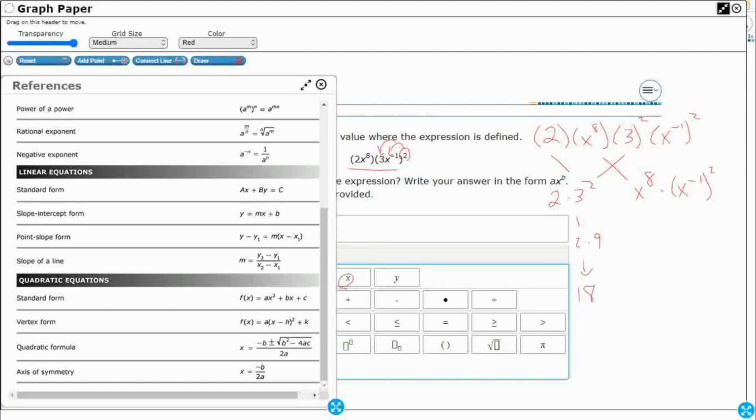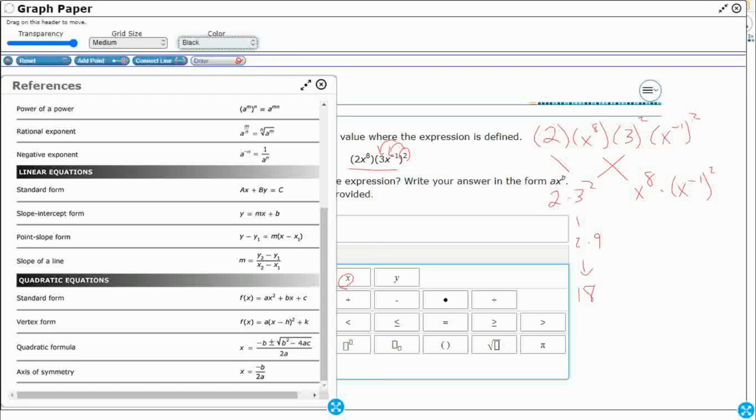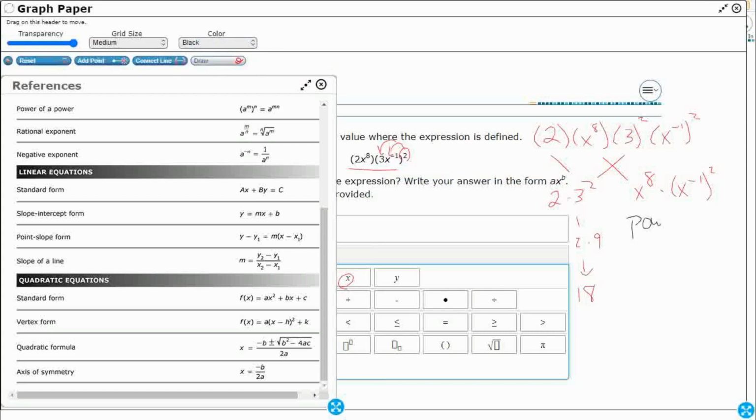When we have the power of a power, what it means is we take something like a to the m, and we take that to the n power. You end up just multiplying the two, okay?